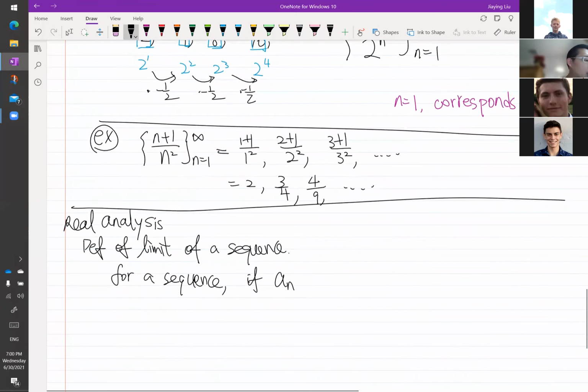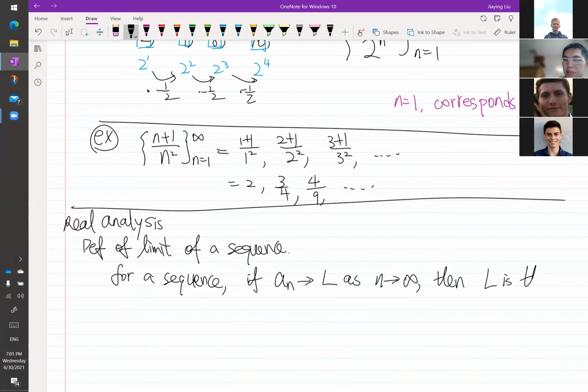So if an approaches L, some constant L, as n goes to infinity, then L is the limit of sequence an.